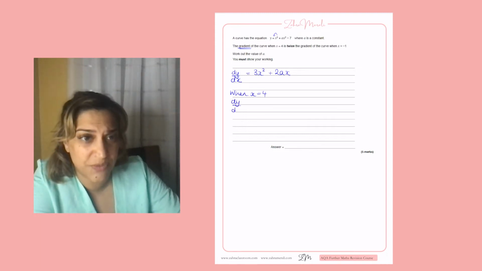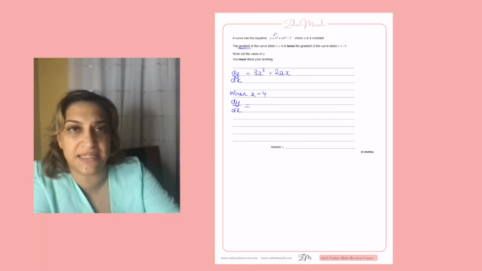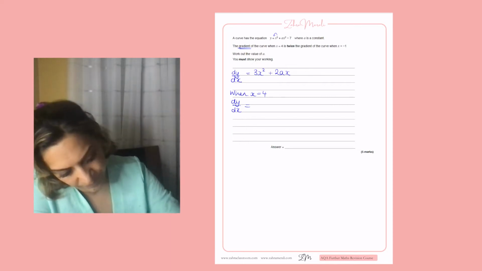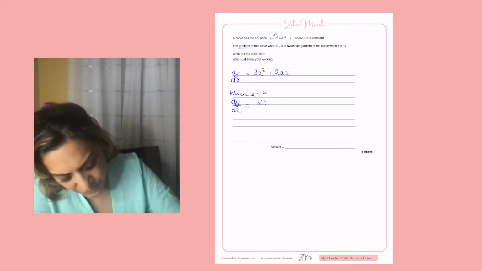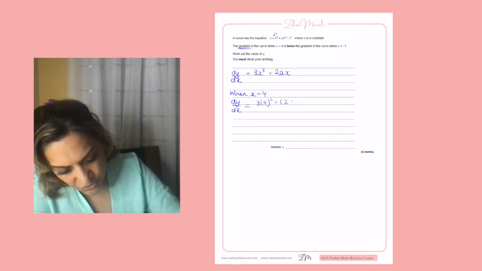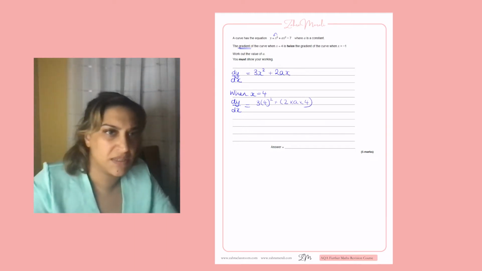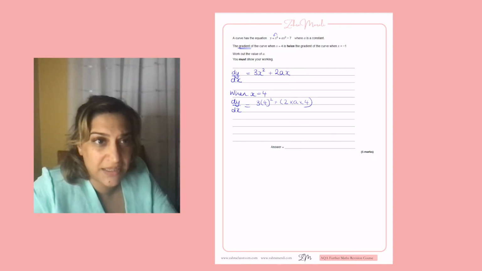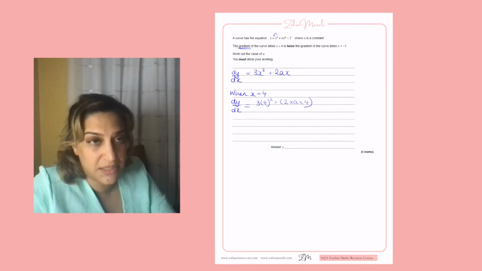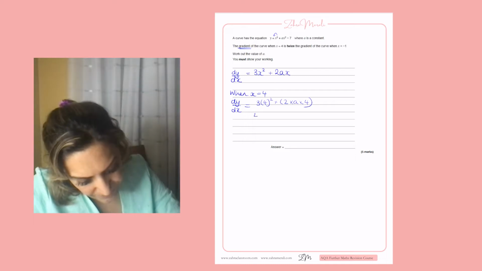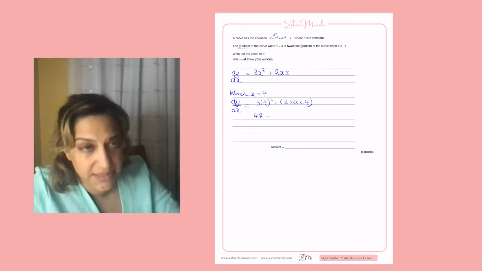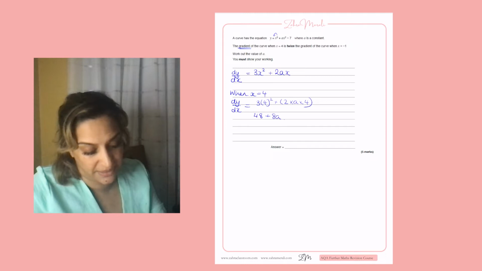So when x equals 4, dy dx is going to be 3 times 4 squared plus 2 times a times 4. So that's going to give us 4 squared, 16, times 3, so 48. 2 times 4 is 8, so 48 plus 8a.